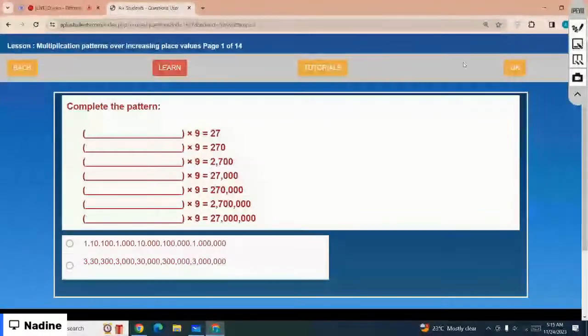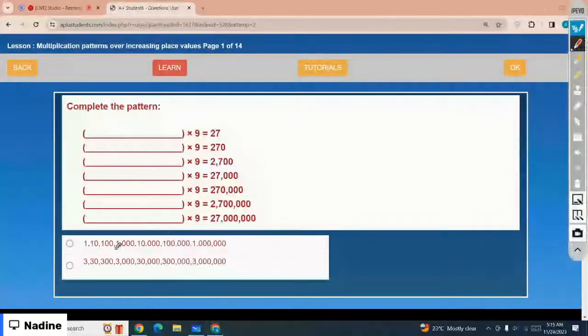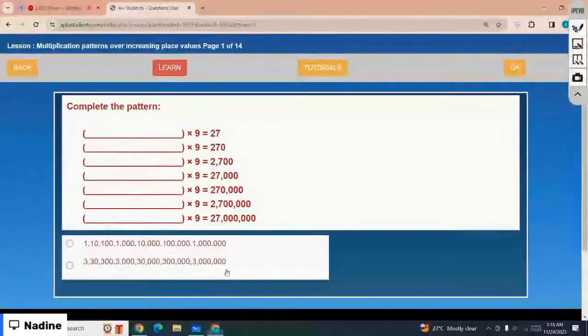You are given two options. The first one is 1, 10, 100, but 9 times 1 is not 27, right? You can go for the second one. 9 times 3 is 27, 9 times 30 is 270, 9 times 300 is 2700, 9 times 3000 is 27,000, right? So option number 2 is the correct option.